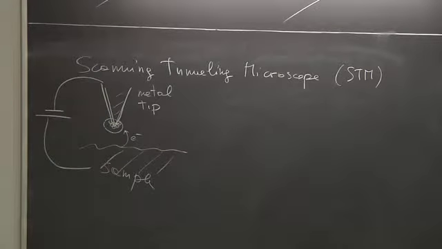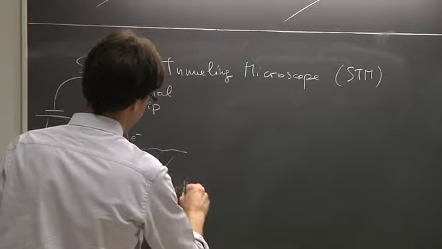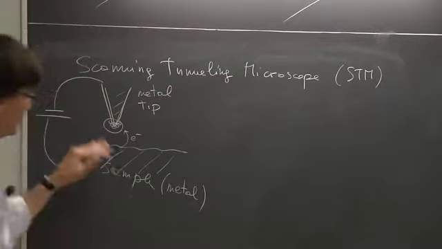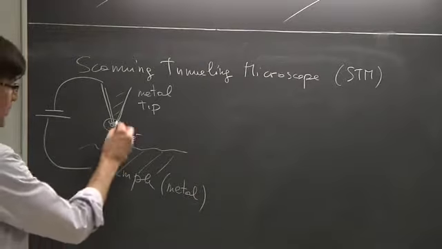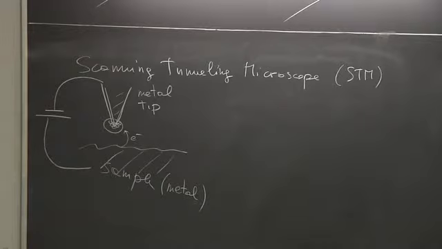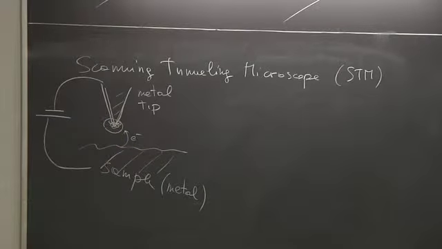Of course, this requires that the sample is also metallic, because otherwise you won't have any conduction inside the sample. There are tricks that allow you to avoid this, but to first approximation, this requires you to work with a metal as well. So you can only study metals to first approximation with this method. Now, what's the beauty of this method? Here you have vacuum between the tip and the metal. So in principle, electrons are unable to jump from one system to another if there is a vacuum in between.